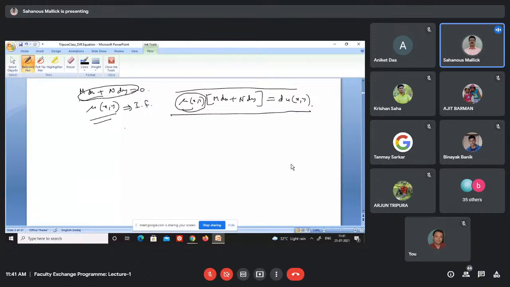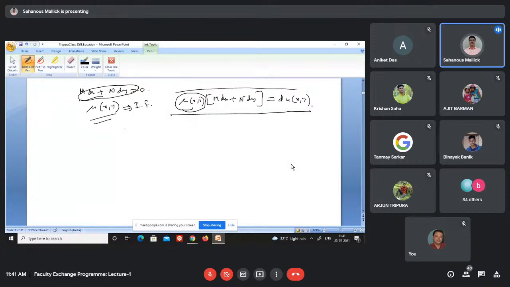Now we come to the fact that there are several rules for finding the integrating factor in a particular class of equation. I am not going into detail, but there are so many rules.